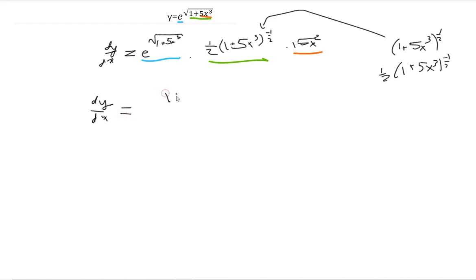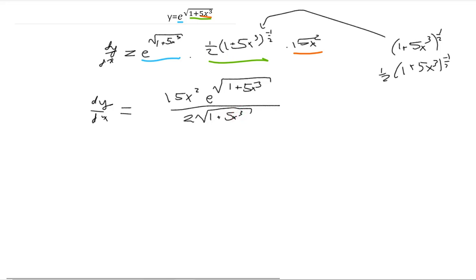So we'll have 15x squared times e to the 1 plus 5x cubed. That's going to be over 2. This 2 comes from the 1/2. And then since this is a negative exponent up here, negative 1/2, we're just going to rewrite it as a square root in the denominator. So 2 times the square root of 1 plus 5x cubed. Alright, and that's our final answer.